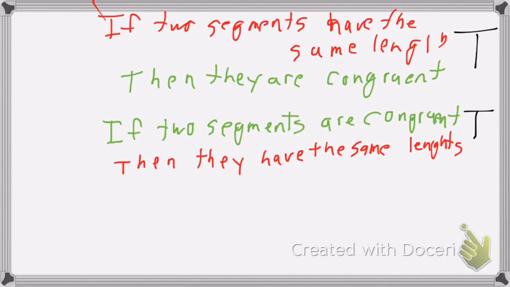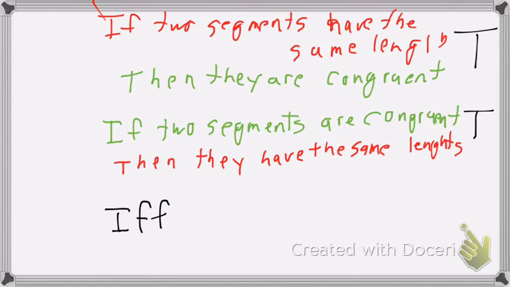So now we have to look at a biconditional. We're going to write these two conditionals in the same exact statement. Now, before we get there, there's a term that you have to become familiar with, and that's IFF. It is pronounced iff, or just if.